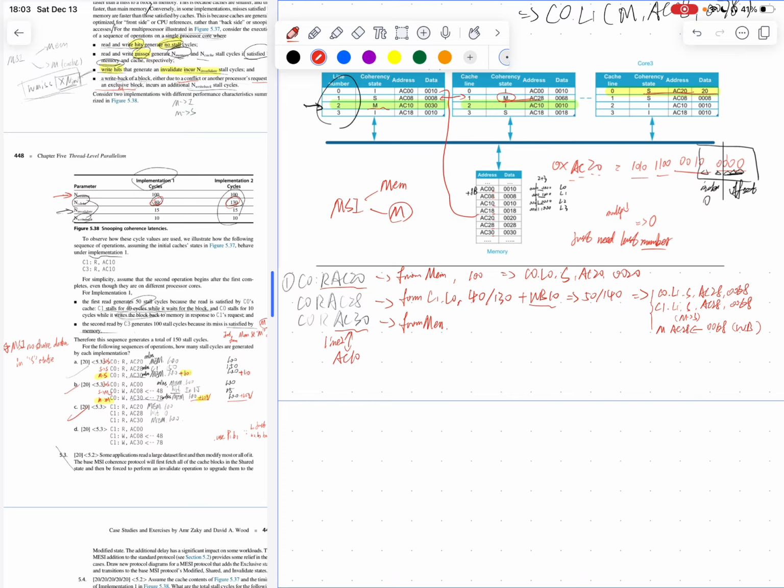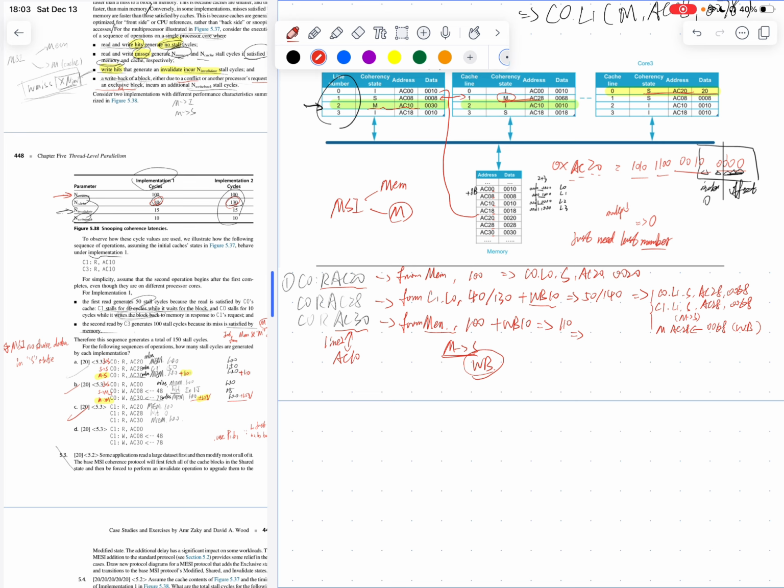So what happened in AC10? AC10 is in a modified state, and we want to change it into a shared state. We need a write back. So firstly, we get it from memory, it takes 100, and then the write back is another 10. That is totally 110.